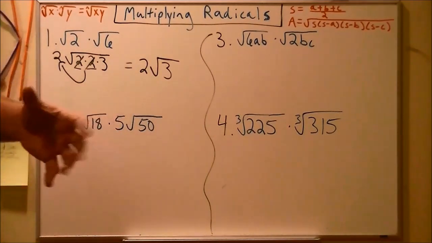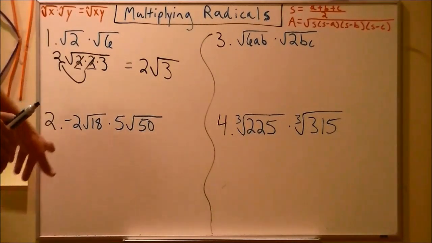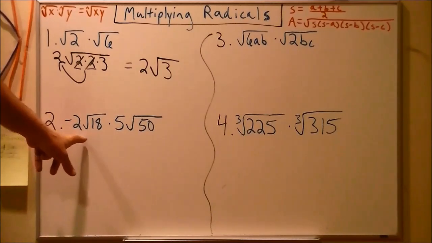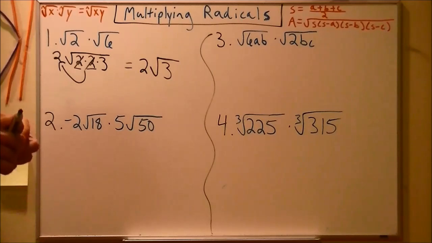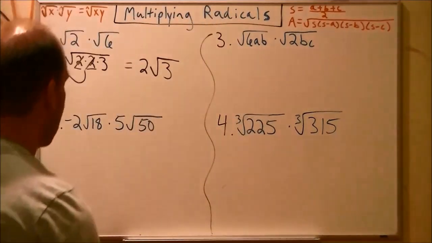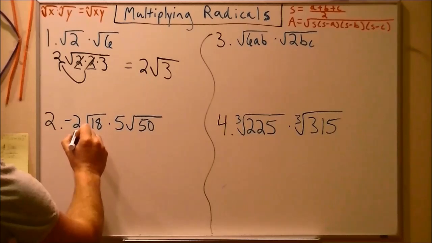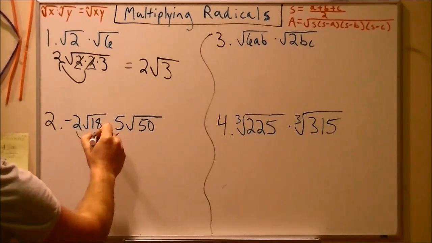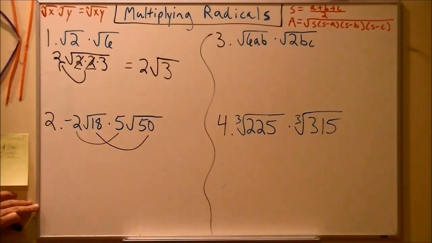Number 2. Let's move quickly because we'll have more that we have to do too. Okay, so number 2. Negative 2 times the square root of 18 times 5 square root of 50. Now, what I can and what I must do on these in multiplying radicals is I can multiply what's on the outside together, and I can put under one happy square root umbrella what's found on the inside, except squish them together.